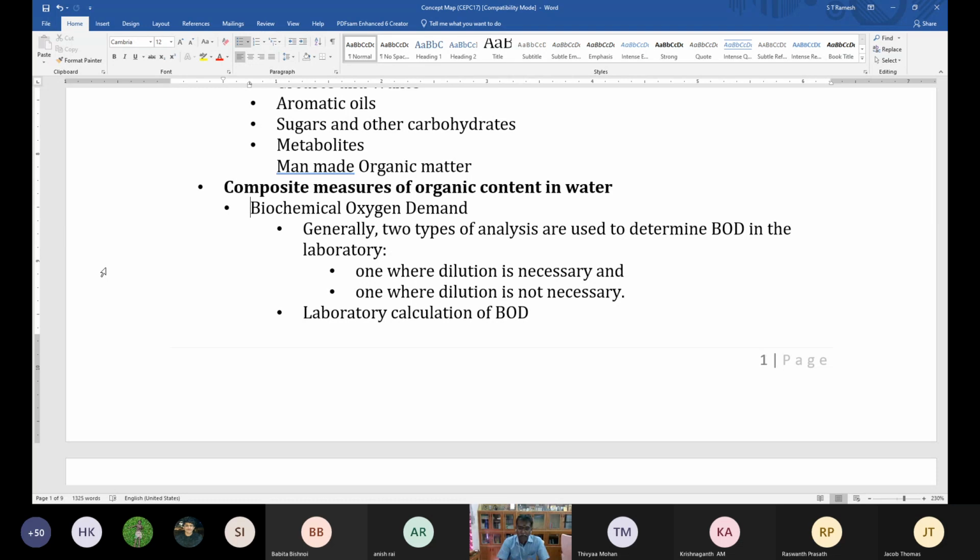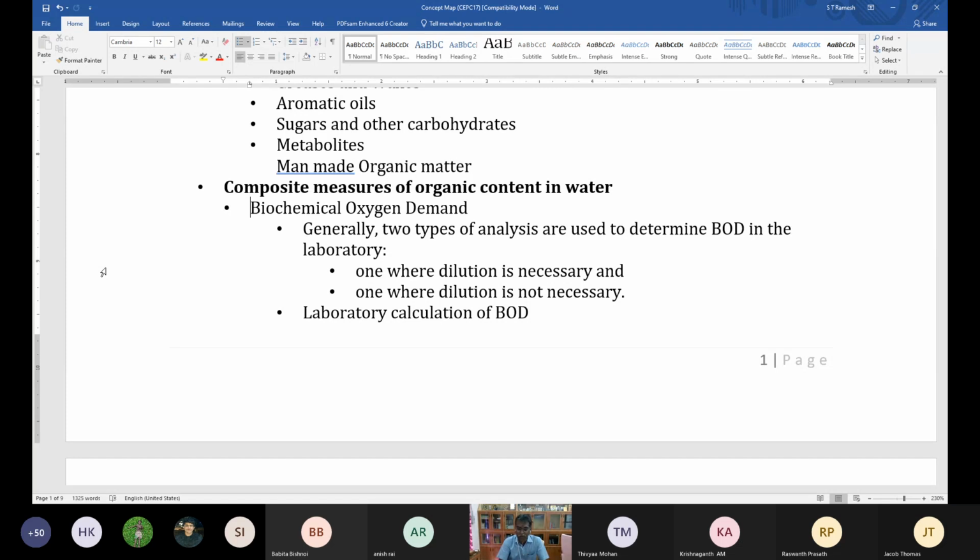These microorganisms take up this organic matter as food, and during the degradation, they also consume oxygen. So just remember, how much oxygen is being depleted or used to degrade the organic matter by the utilization of microorganisms in the water, that you can estimate in terms of biochemical oxygen demand.